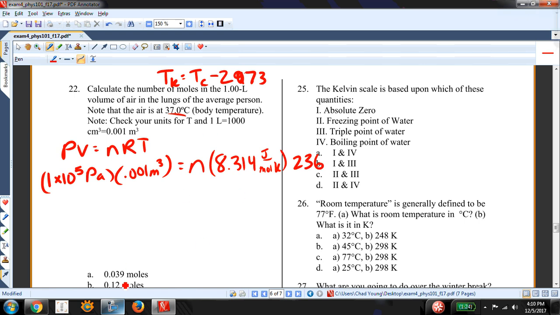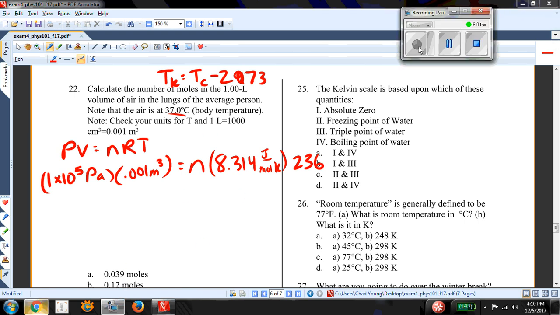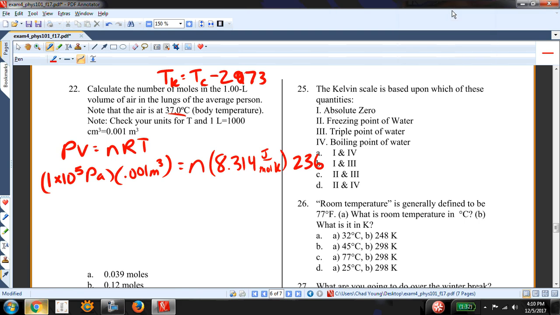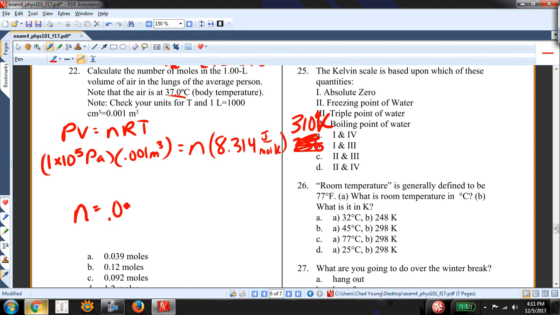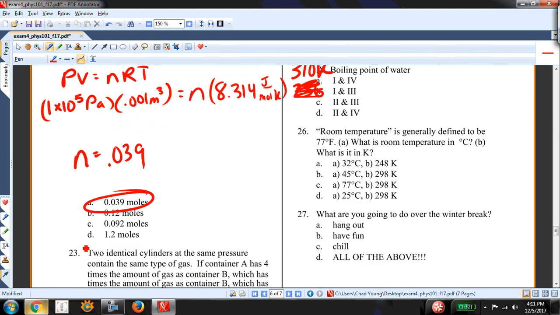Give me just a moment. All right, yeah, I'm sorry, I made a mistake here. So this should be plus 273, which is 37 plus 273, that's 310. Sorry, I said 310 Kelvin. Okay, and then we solve for n, and n works out to be 0.039 moles. So A is the right answer.